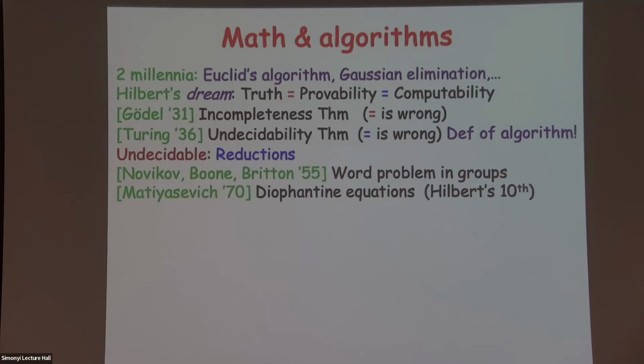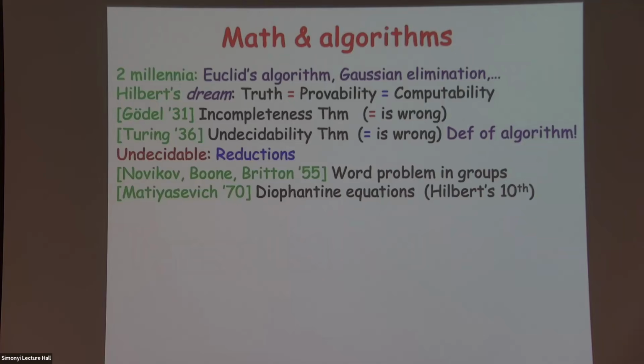And people, of course, immediately tried to see whether basic problems in math, not the halting problem, which is a problem about algorithms itself, have a finite algorithm to decide them, problems like the word problem in groups and the solution of Diophantine equations. By having an algorithm translate them to the halting problem, it was shown that these are not decidable.